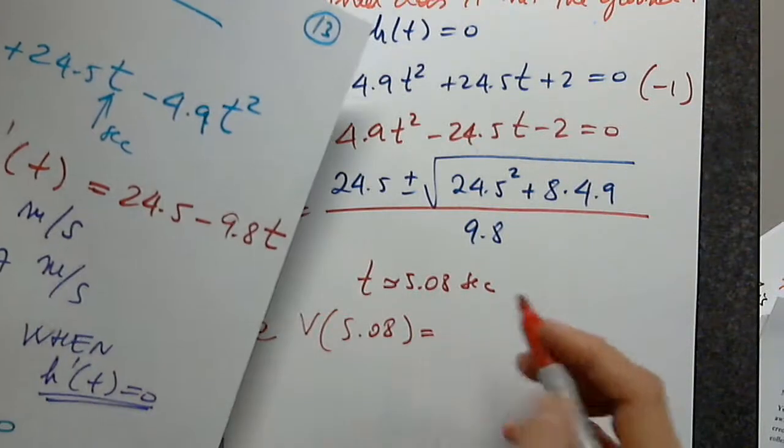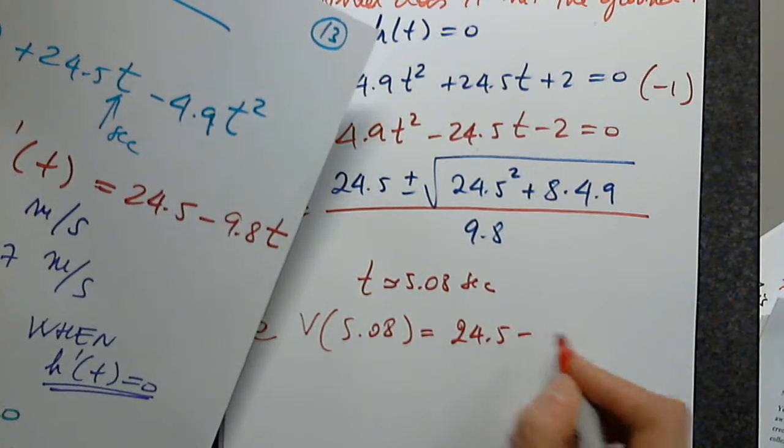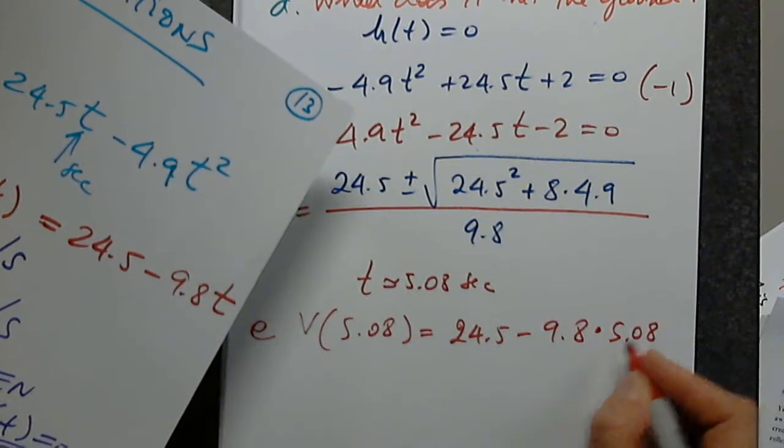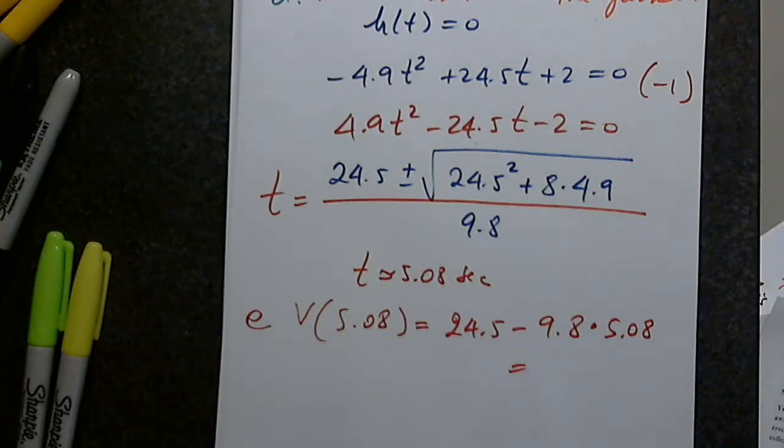Yeah, I have it. So this is 24.5 minus 9.8 multiplied by 5.08. So when you give me this answer, I hope you agree that this is more human than the limit of a natural log, in which the answer is e. Right? Okay.